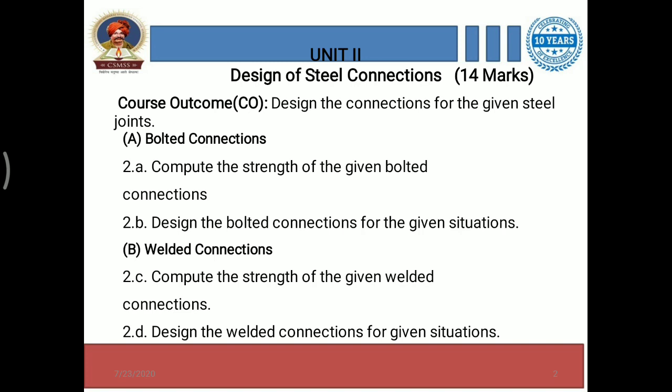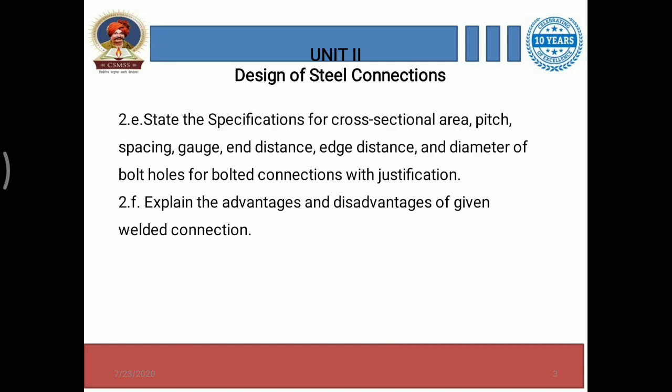Then in welded connections, these are the unit outcomes. You should be able to compute the design strength of given welded connections, and design the welded connections for given situations. Then state the specifications for cross-sectional area, pitch, spacing, gauge, end distance, edge distance, and diameter of bolt holes for bolted connections with justifications.